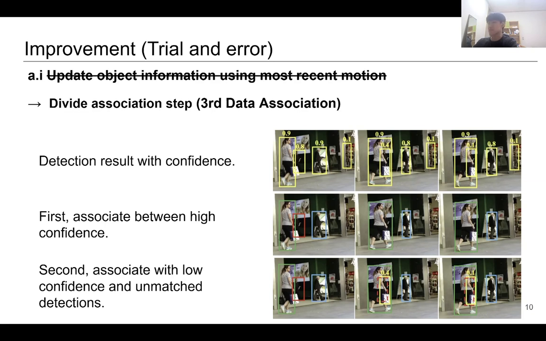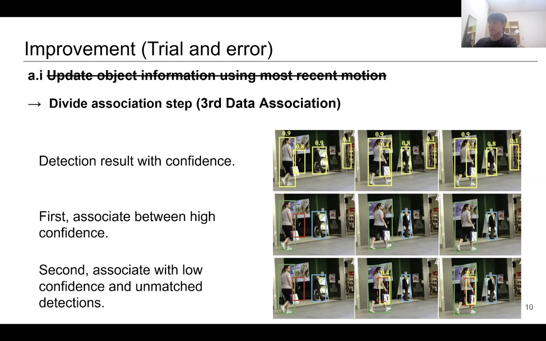As shown in the right figures, we split the existing association into two parts: high confidence tracking and low confidence tracking, to allow tracking that takes into account the confidence of the objects. By matching high confidence objects first, we can match large and clear objects first.